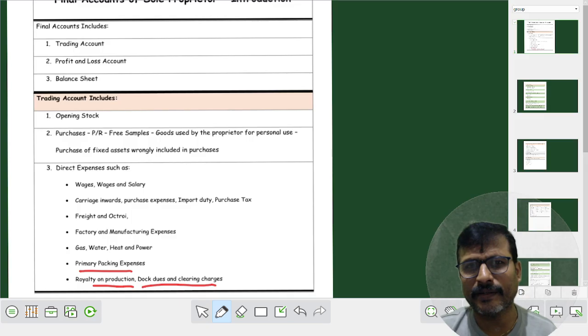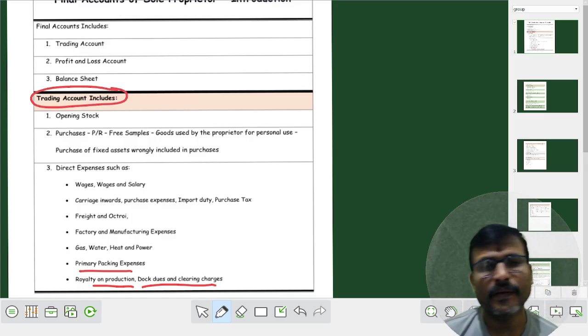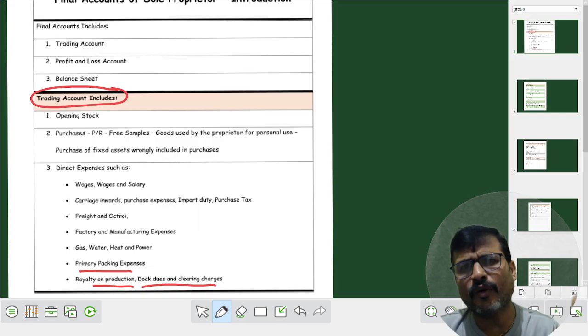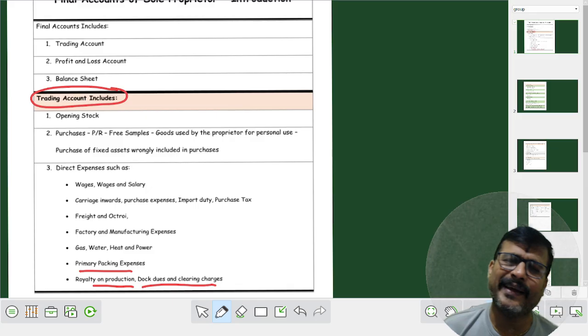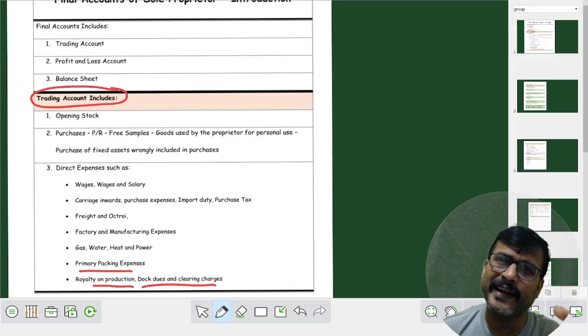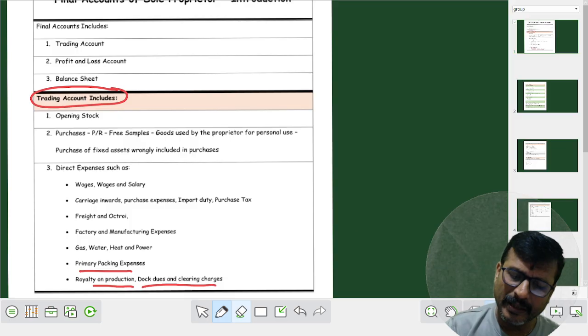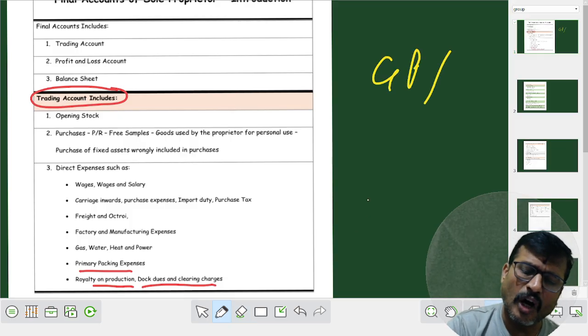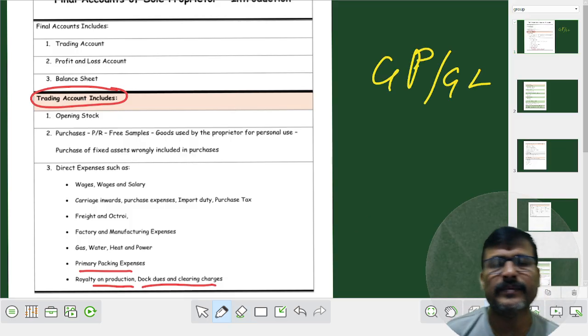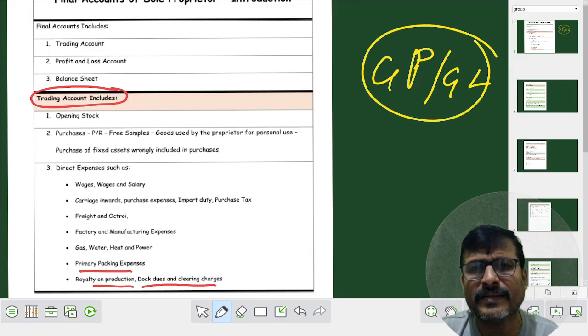My dear students, I repeat the concept of the trading account right now. The trading account is an account which is prepared to ascertain the trading result. What is the trading result? The trading result can be either a gross profit or a gross loss. How can you ascertain the gross profit and gross loss?